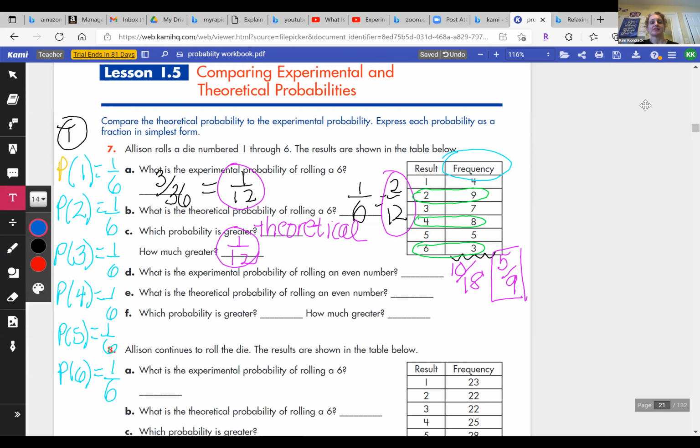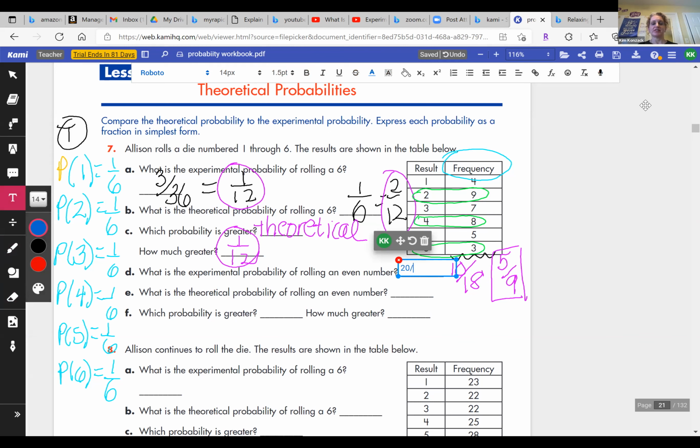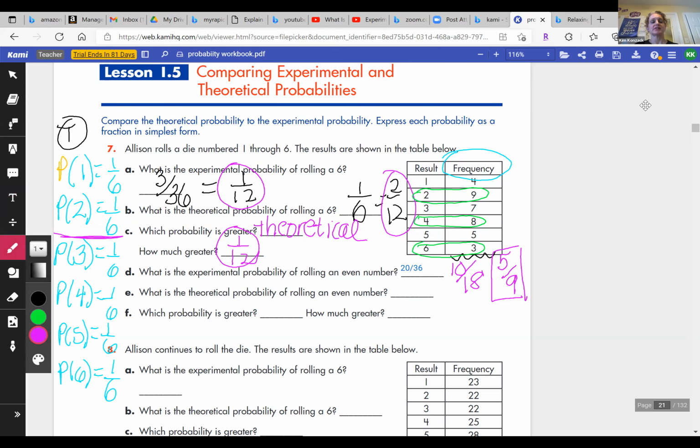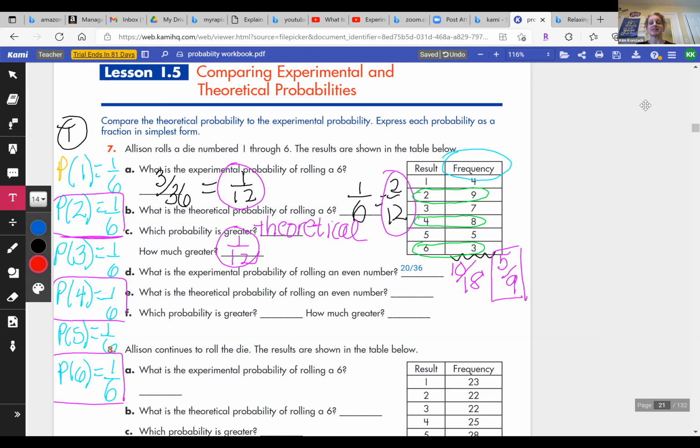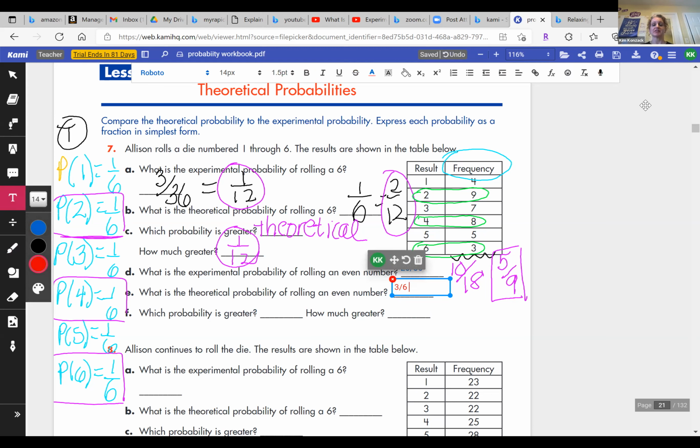Let me put this in a little text box. 20 out of 36. Now the theoretical probability of rolling an even number: that's the probability of getting a 2, a 4, or a 6, which is 1/6, 1/6, and 1/6, which all together is 3/6, or 1/2. That makes sense?